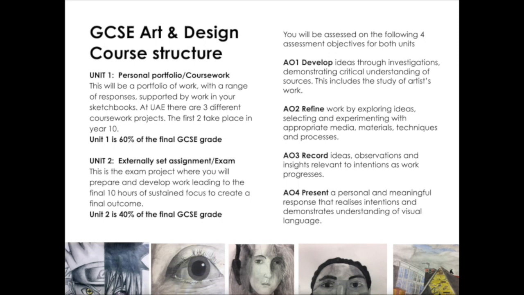The first project is an introductory project where we recap and refine drawing skills, painting skills, and other skills using 2D materials. Subsequent projects will introduce students to working in 3D and also digital skills.